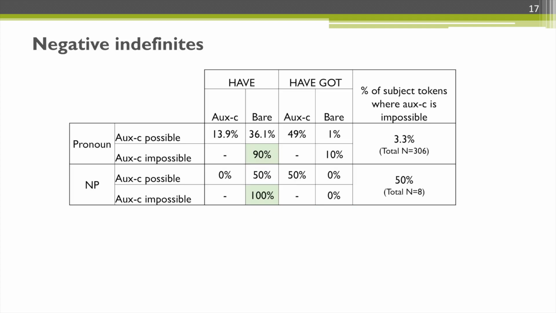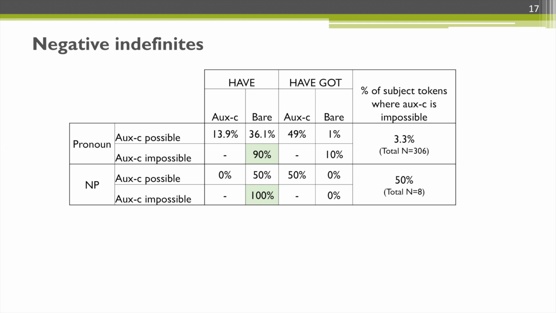So here's what we see. So here's the negative indefinite. So I've split it by pronoun versus NP, but also contexts where you could auxiliary contract versus not, okay? Just to see whether the rates of use are similar.